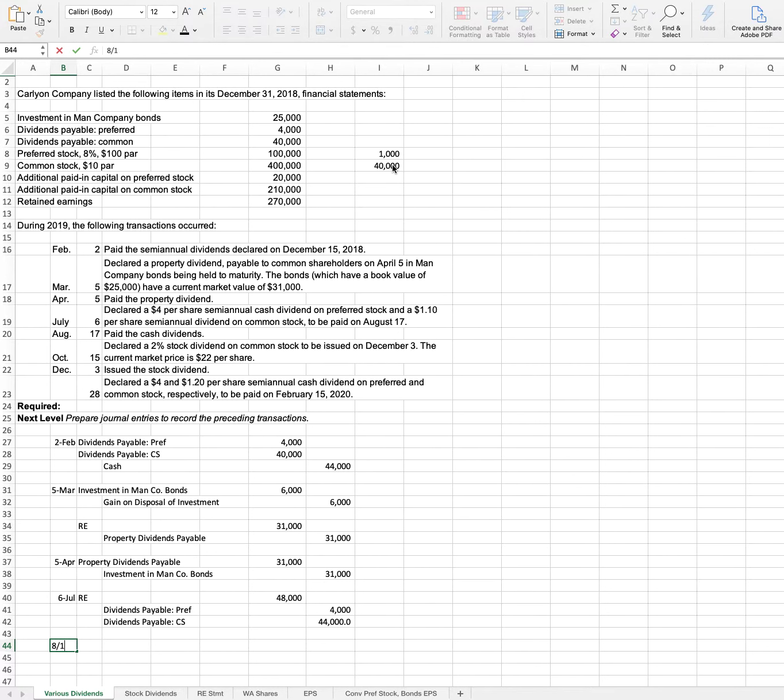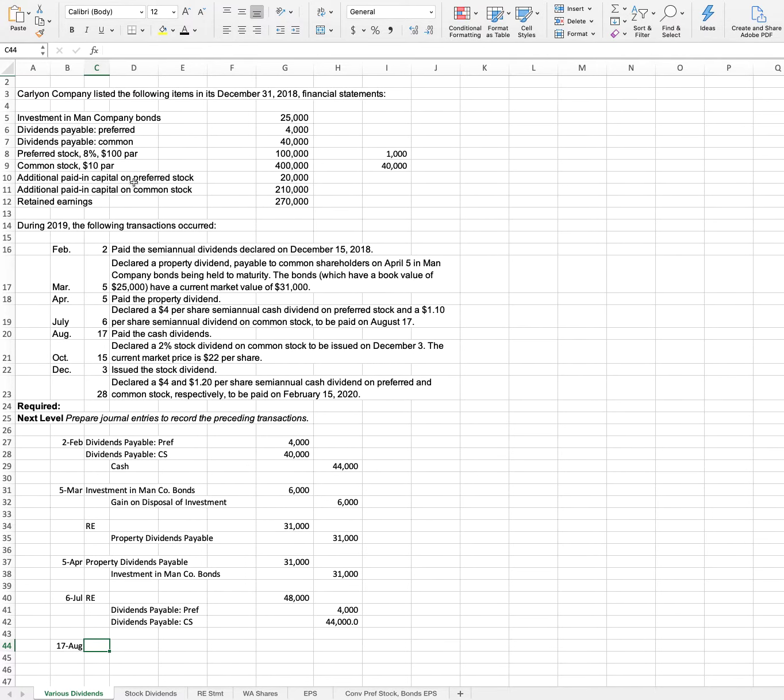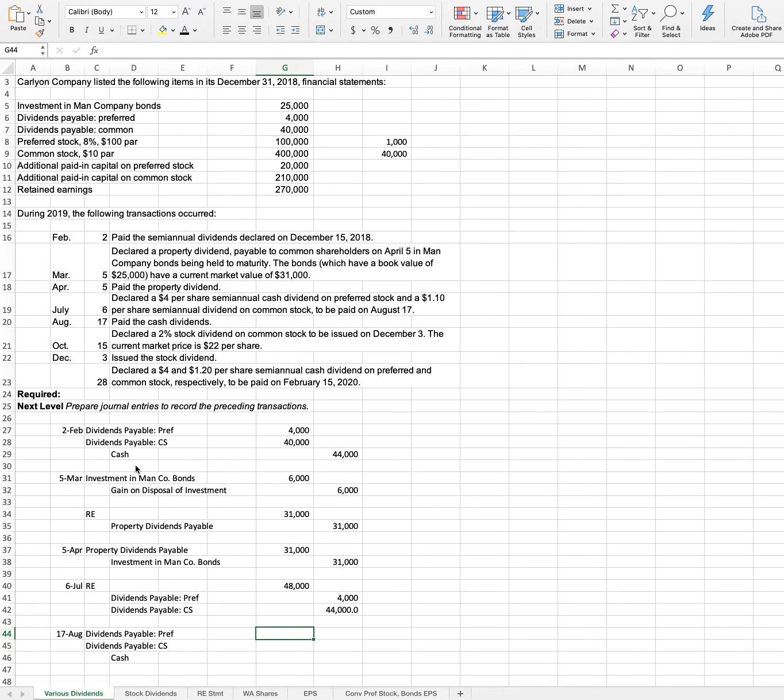Now on 8/16, we are actually paying the cash dividends. And so this will look very similar to the transaction from February 2nd, except obviously our preferred is going to be this 4,000, common stock the 44,000, and the cash 48,000.